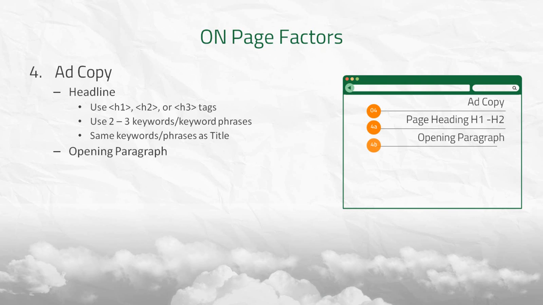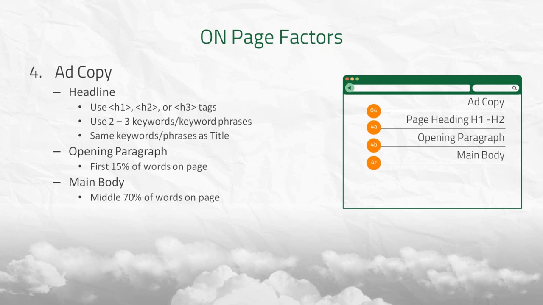Next, you have an opening paragraph, which is about 15% of the words on the page. Then you have the main body, which is about 70% of the page. The opening paragraph is typically the first or second paragraph, depending on how many words you have.